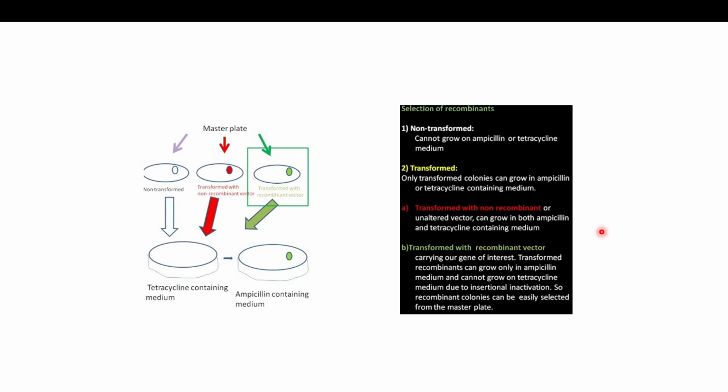But whether the vector is actually a recombinant one, with disrupted tetracycline resistance, or has intact tetracycline resistance? If the cells are able to grow on tetracycline medium, then those aren't the recombinant pBR322 plasmids. The ones which aren't able to grow on tetracycline medium are the transformants with recombinant plasmids, right? Because in the recombinant ones, we disrupted tetracycline resistance, right?